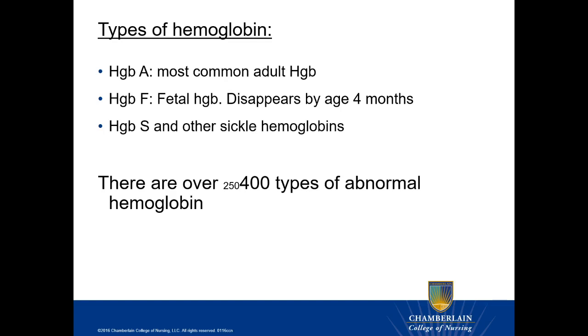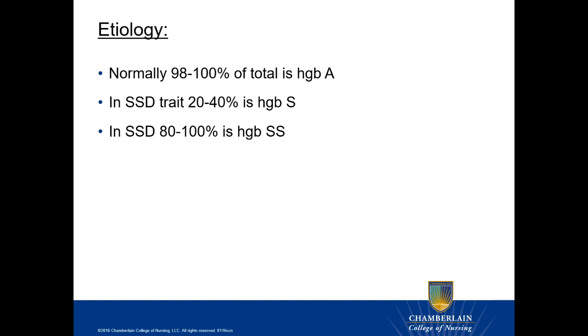The issue is it doesn't last long, usually by around 4 months of age or so. The fetal hemoglobin is disappearing, and we're starting to see that taken over with hemoglobin S. Now, normal persons will have hemoglobin A primarily. A person with sickle cell trait, because they have only one gene and not two genes, will have the trait and not the disease.